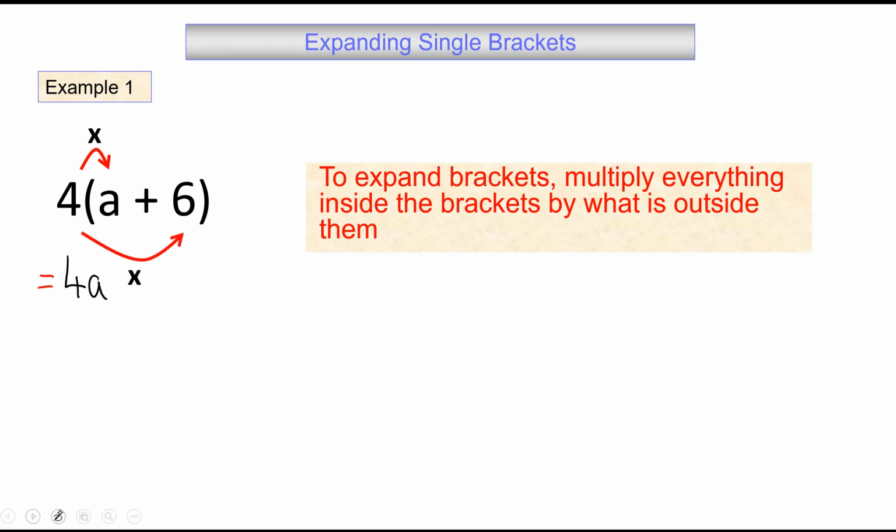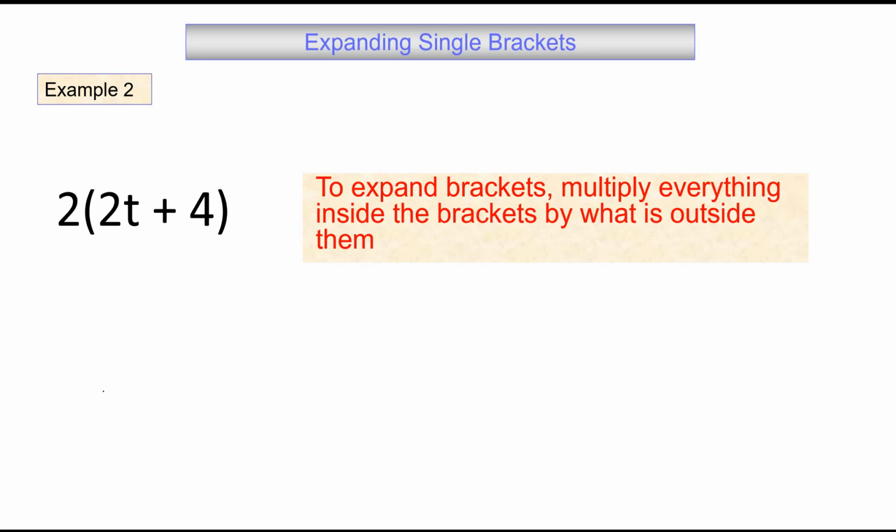Then you do 4 times 6, which is going to give you a plus 24. Okay, so 4 times a gives you the 4a. 4 times plus 6 is going to give you a plus 24.